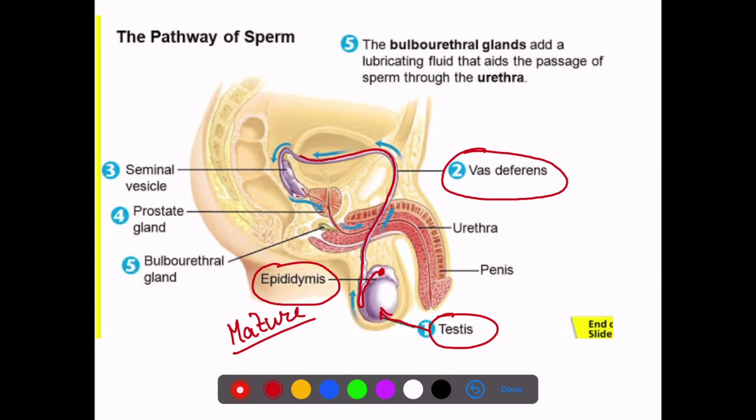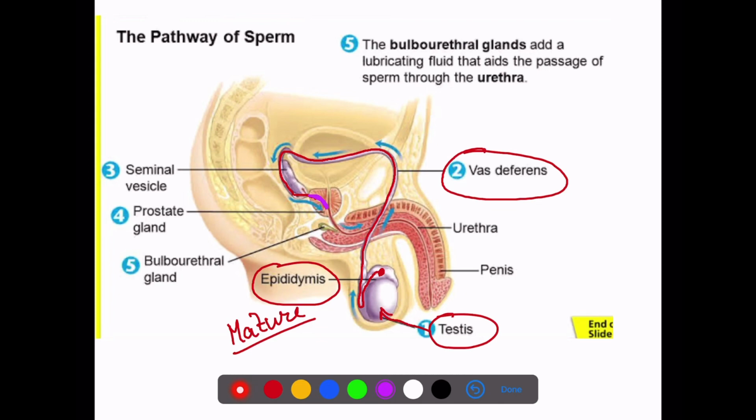From the vas deferens, all the sperms are released into a common duct. Let me make it with purple. Into a common duct which is known as the ejaculatory duct. And into this duct, the vas deferens has released its secretion, that is the sperms.